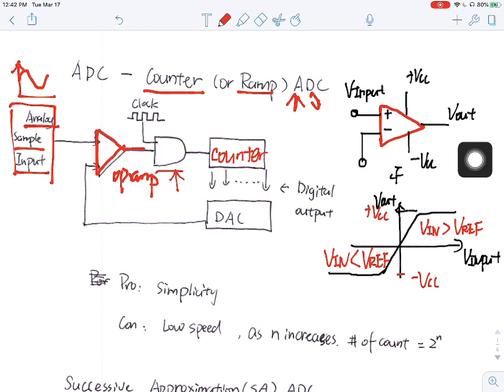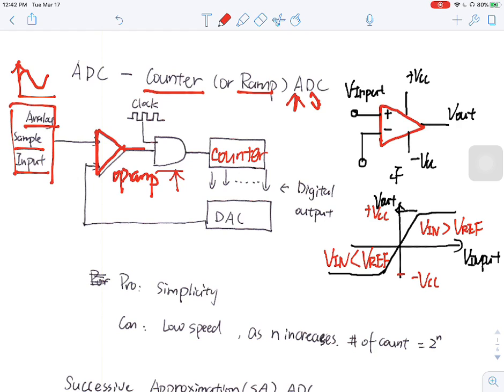So this is actually very ingenious and the simplest idea to record what this analog signal is. At each time step, it just counts from 0 all the way up until it hits a point where the value is greater than or equal to the analog signal, then it will record that signal.